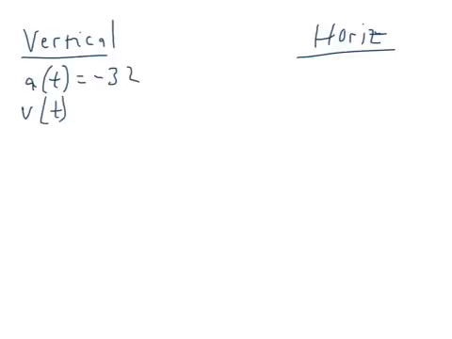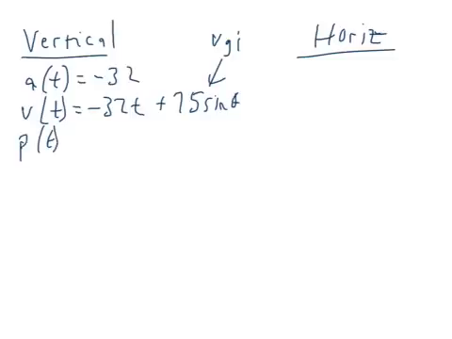Velocity is the integral of acceleration, so it's negative 32t plus the initial velocity, which is 75, and again, this is your Vyi. It's your initial velocity in the y direction. And I always encourage my students to write all three of these out before they even do any thinking.